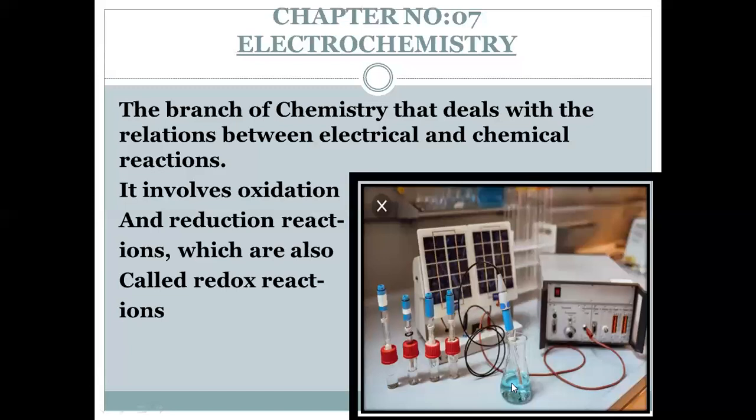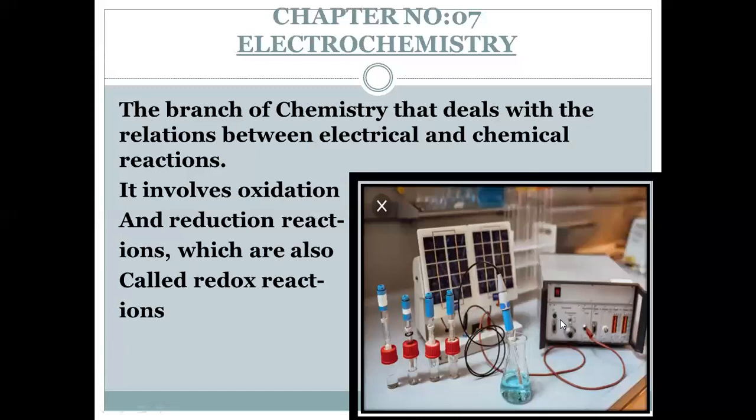So what is the relationship between these two? Inshallah, we will study in this chapter. It involves oxidation and reduction reactions, which are also called redox reactions, because in these reactions oxidation and reduction take place simultaneously.